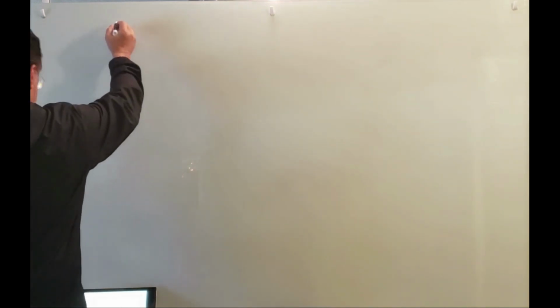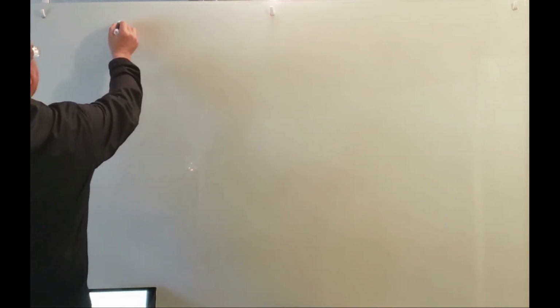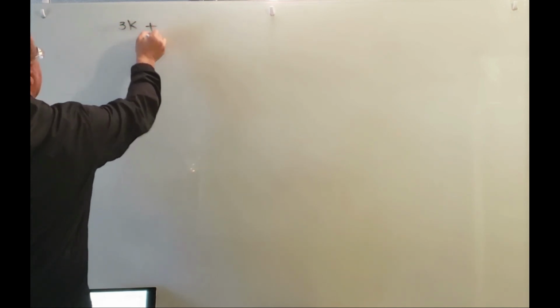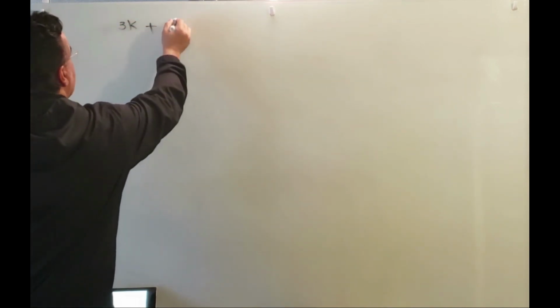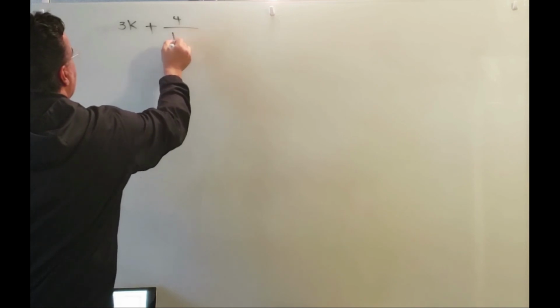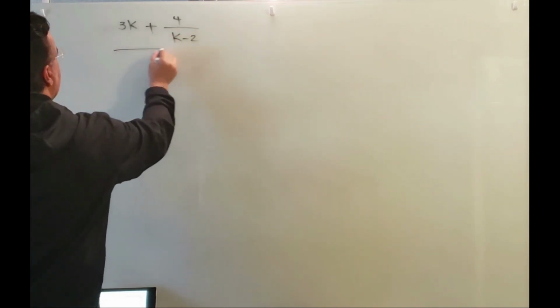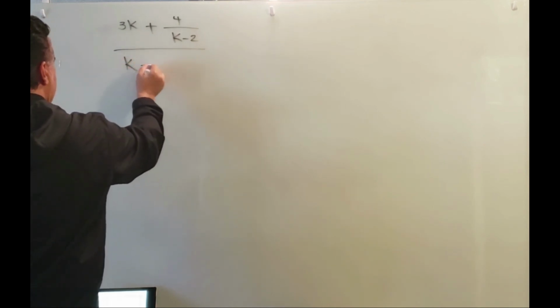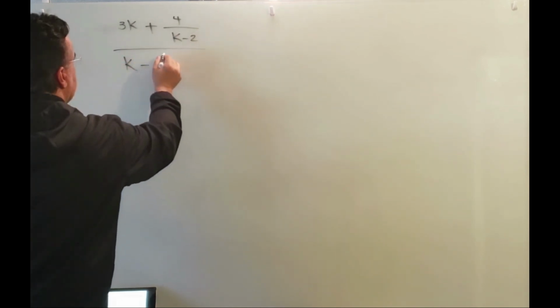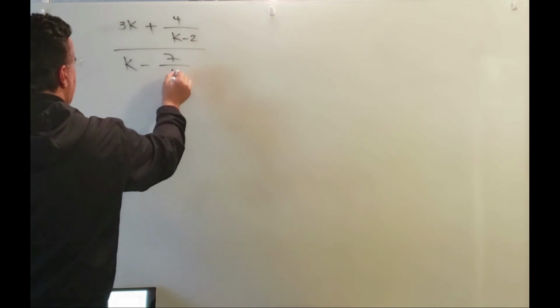So let's try this one. We have 3k plus 4 over k minus 2, over k minus 7 over k.